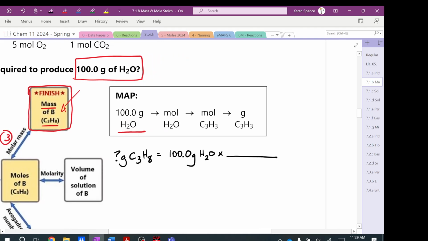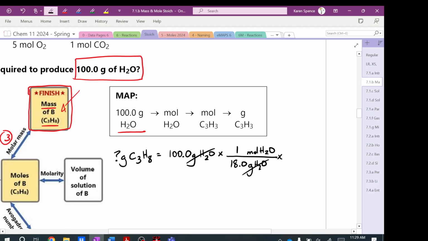What do we need to convert grams of H2O into? Moles. So let's cancel our grams of H2O and find moles of H2O. I happen to know the molar mass of water is 18. You might also know that or not. You can always add it up.